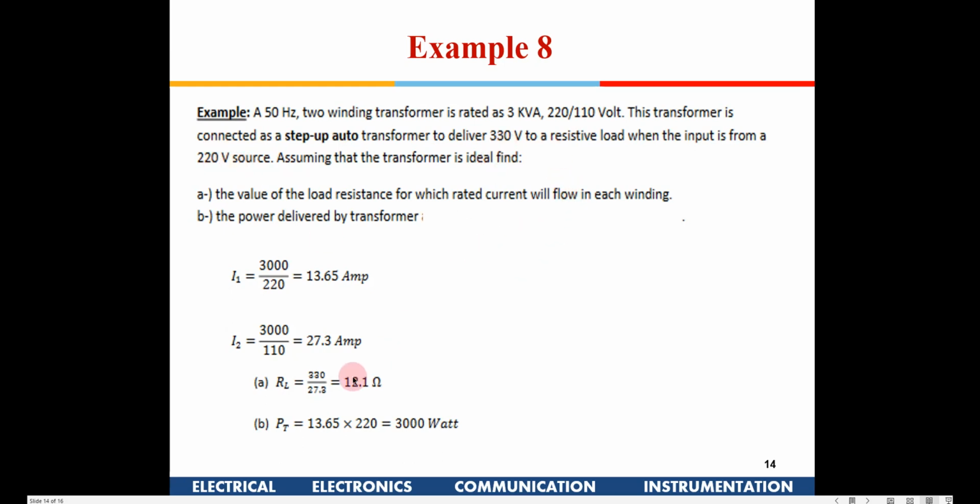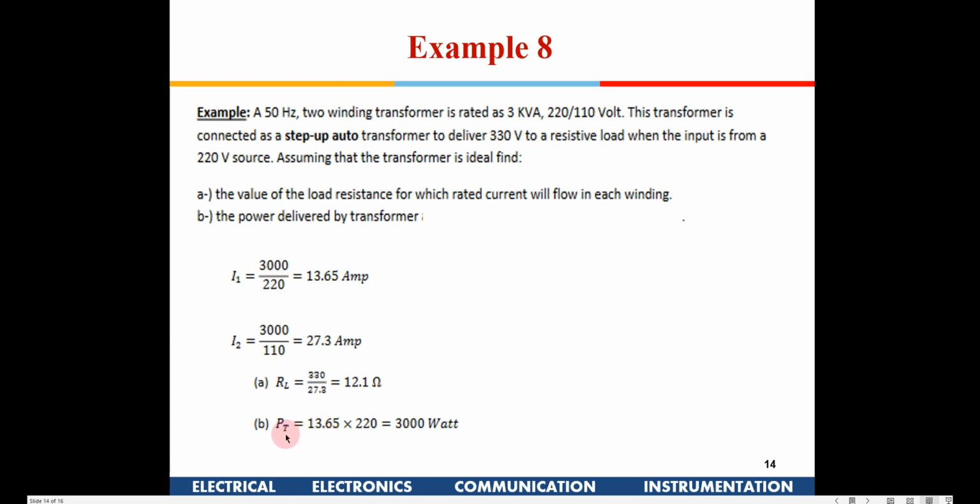So now, for the resistance of 330, I put the rated current out here, so I will get the load resistance to be 12.1 ohm, because it asks what is the value of the resistance for a full load condition. So I am dividing it with the rated current, so I am getting 12.1 ohm.